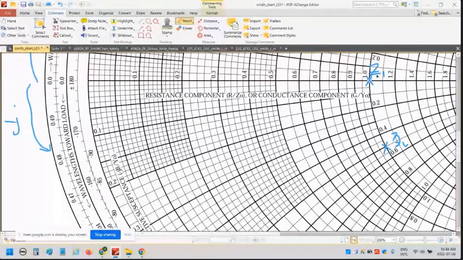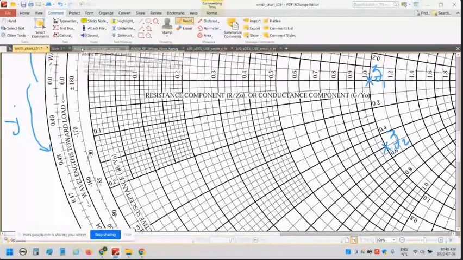This one is z2. This one is the small z, z1. After you normalize, you can use the Smith chart. If you are not normalized, you cannot use a Smith chart. This one is z2, normalized, so a small z, not capital Z. This one is z1, and this one is z2.